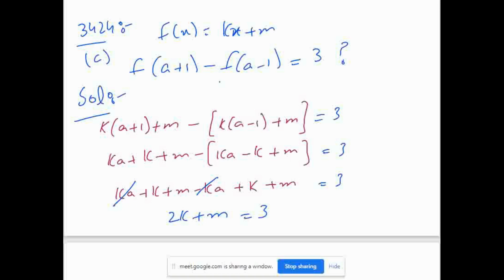You have to replace x. There must not be any x, is it? You can see the working on the board. It will be 2k plus m is equal to 3. Okay, let's see the working over here. You can see the working on the board also.